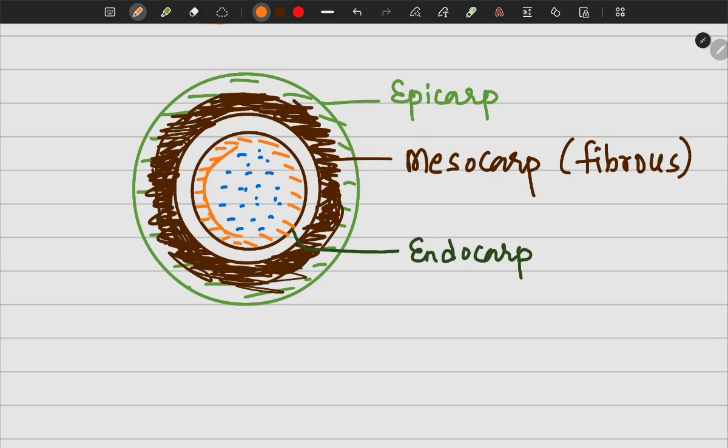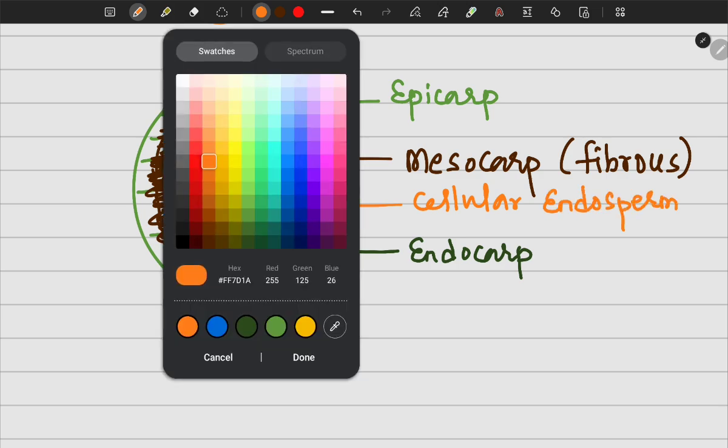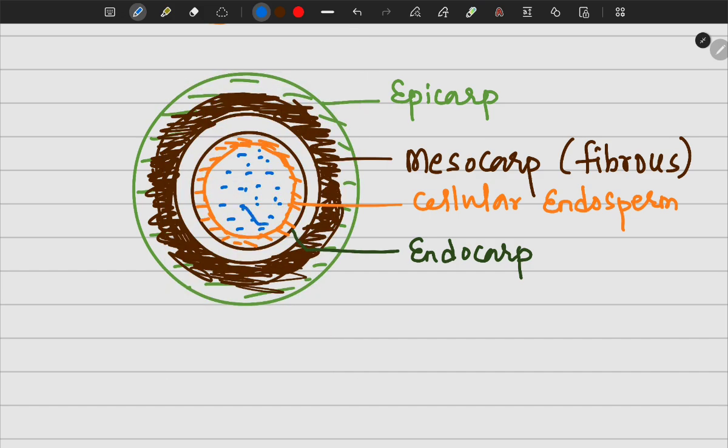The cellular endosperm is the white portion which we usually eat, which is a bit hard. The liquid portion which we drink is the free nuclear endosperm. And this endosperm is a part of the seed of the coconut.